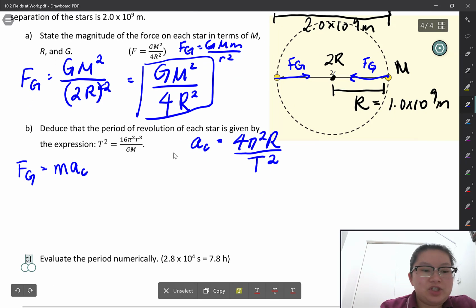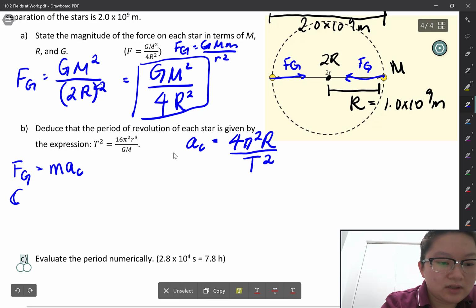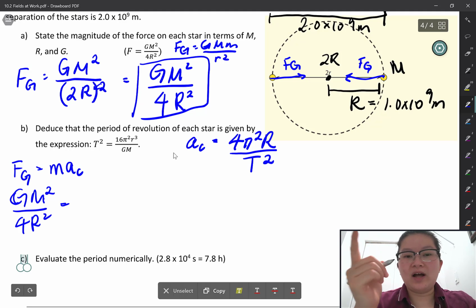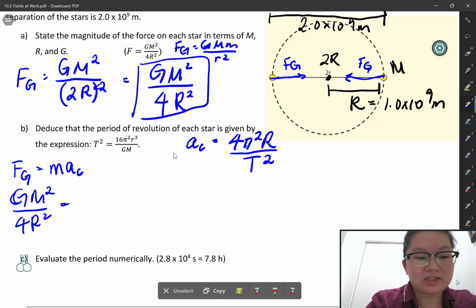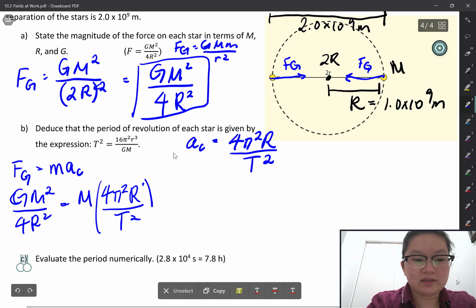So using the Fg above, we get big G, big M squared divided by 4R squared, equals MAc. M is going to be one of the star's masses, so I'm going to use big M, and then Ac is over here, which is 4 pi squared R divided by period squared.